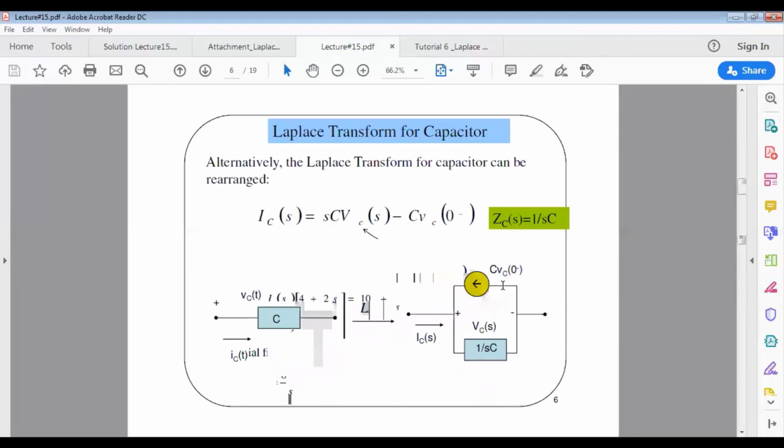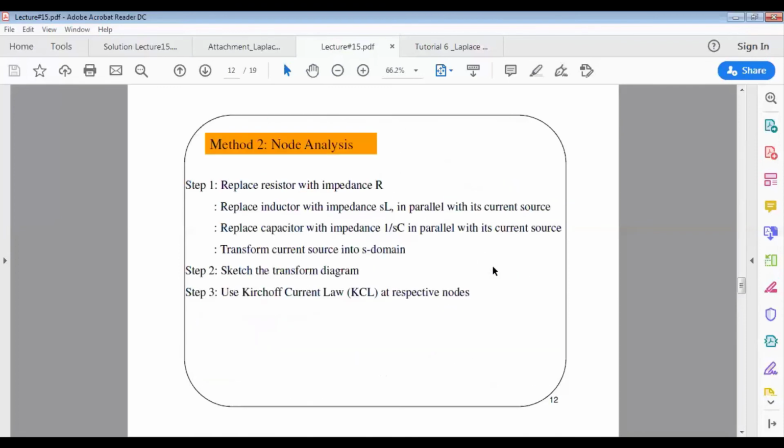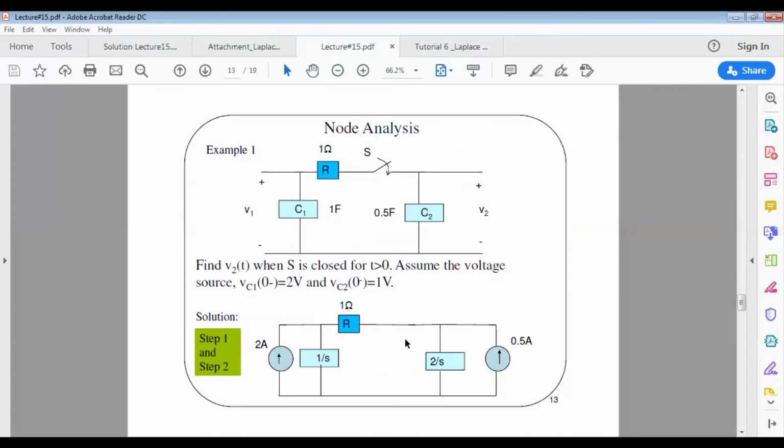It is CV0-. The direction of the current source is against the direction of the capacitor current. Going back to this, C is 1 farad and V0- is 2, so we have 2 ampere. The direction is against the direction of the capacitor's current.